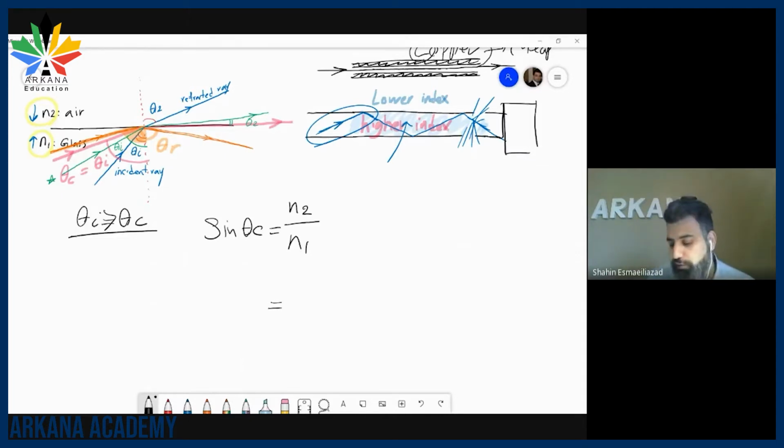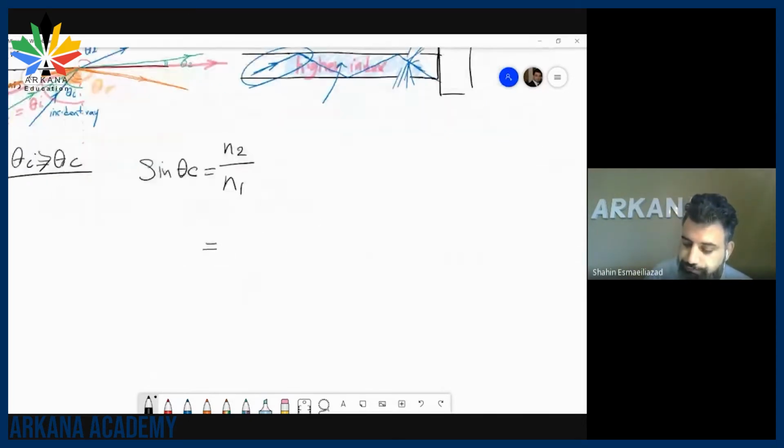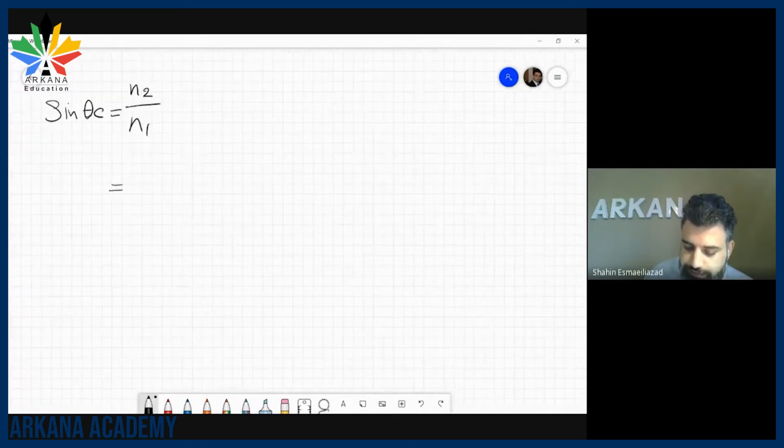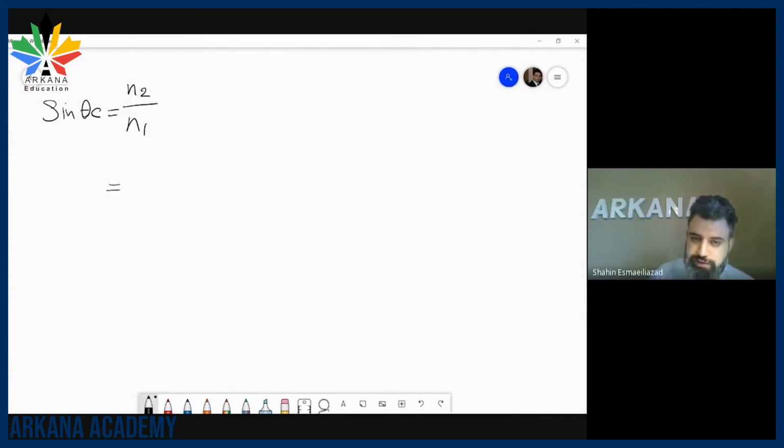In this case, we're going to talk about water, and we're going to use this equation as well: sine theta c equals n2 over n1. We want to calculate the critical angle for light passing through water with an index of refraction of 1.33.